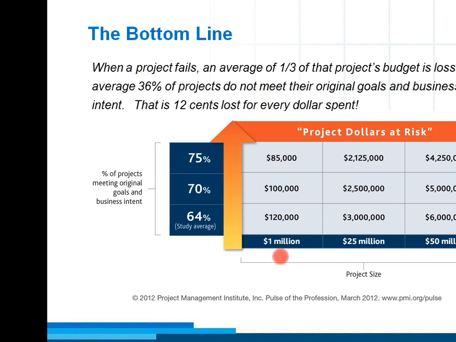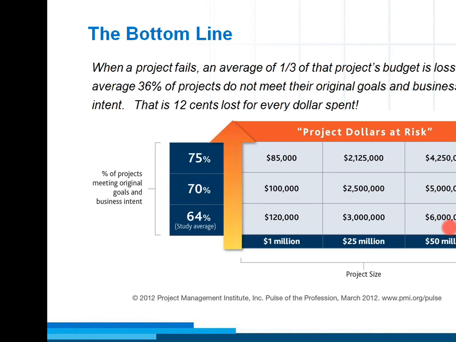For every $1 million spent, assuming that the project success rate is 64%, the loss of project dollars at risk is 120,000 US dollars. And as the project cost increases, say it becomes 25 million, then the amount at risk increases.